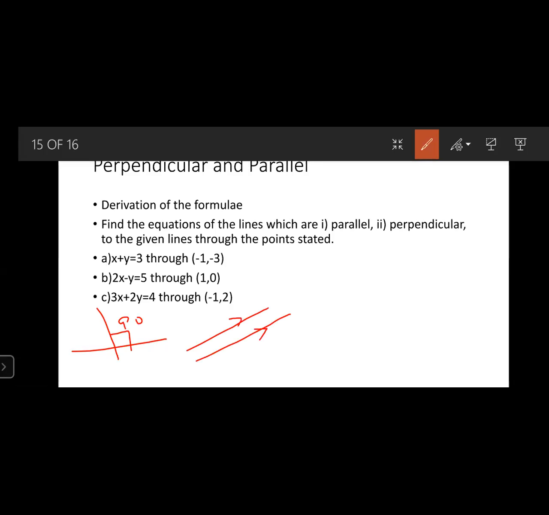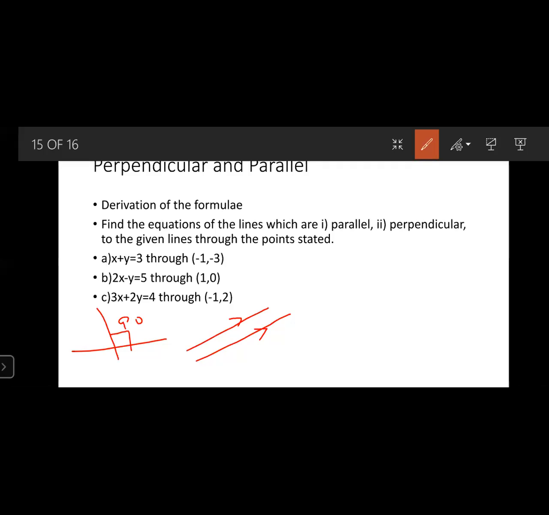So the angle between them is 0. Take note of that. I'd say there's no angle, but it's better we put it as 0, because we can't see any angle there. So the angle between them is 0 degrees.